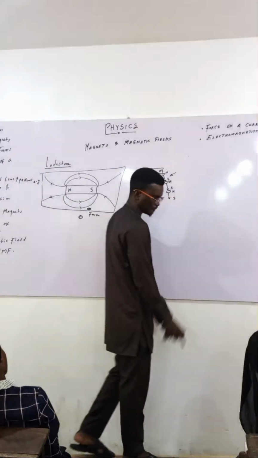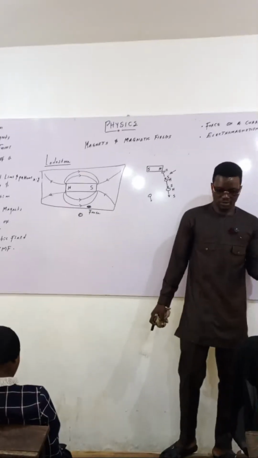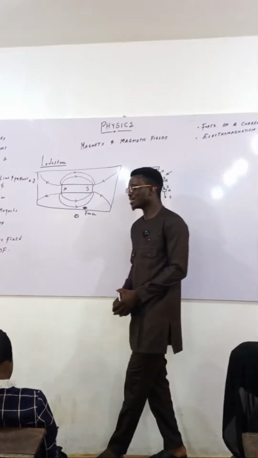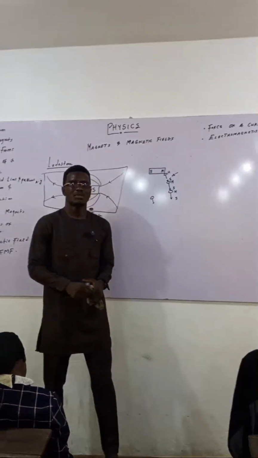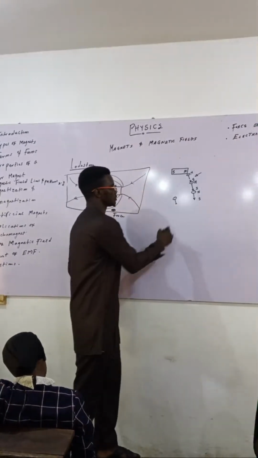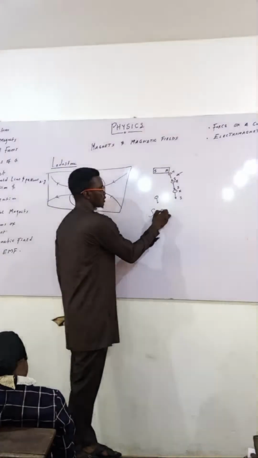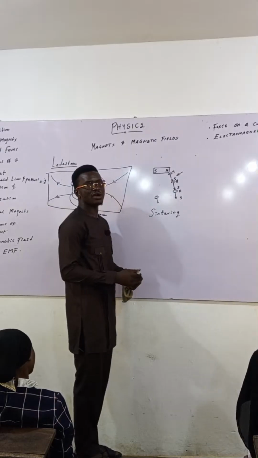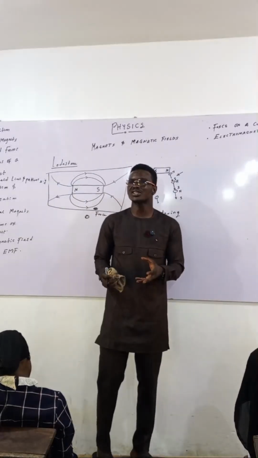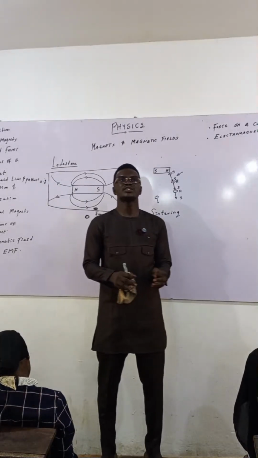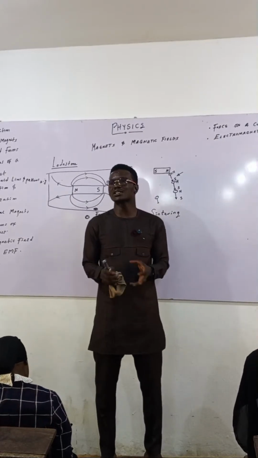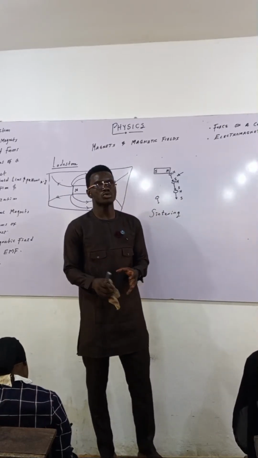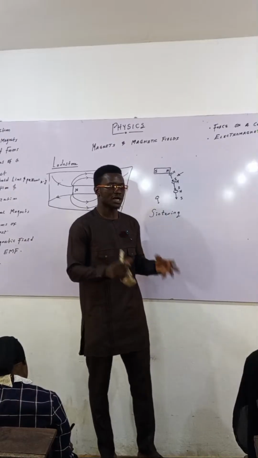Number 5, magnetic sintering. This is the conversion of powdered magnets into a bar or solid magnet.